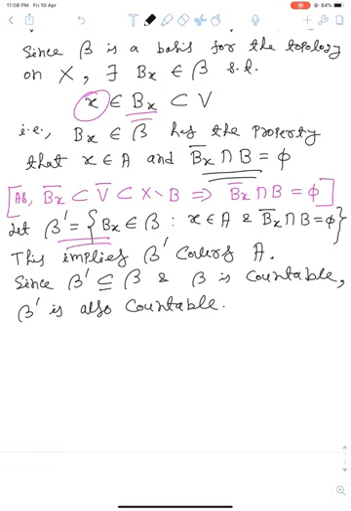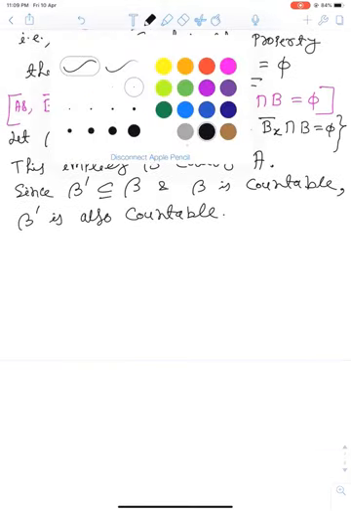Beta dash is a collection of Bx, right, where x belongs to A. That means you can think that its cardinality is the same as the cardinality of A, right? But actually this is not true, because we are choosing elements from beta, and beta is countable, so beta dash should be countable. That means if A is uncountable, then there may be more than one element, say x and y, for which Bx and By may be the same.